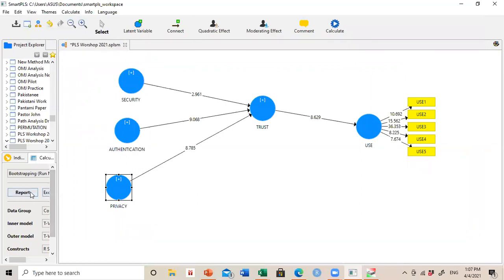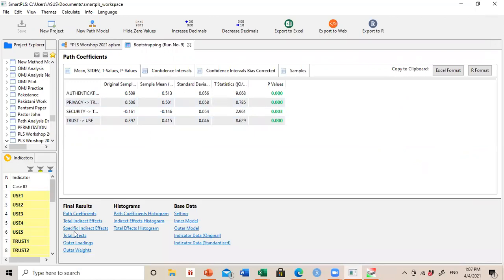In this case, you just go to report and go to specific indirect effect, and you see all of them are significant. I'm comparing what you are explaining to my model. Yes, I understand. We will discuss it later, definitely.